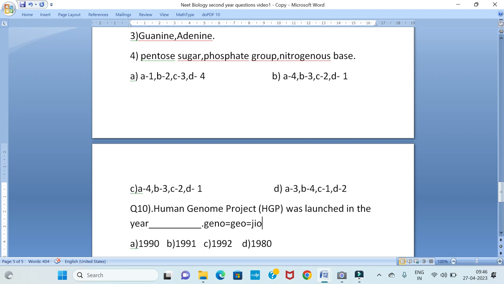Geo SIM. So the last two letters are IO. I is 9, O means 0. So for human genome project, I take Geo as Jio. So you have to remember that keyword, Jio. The last two letters are I and O. I means nine, O I'm taking as 0. Both are the same, O and 0. So 90, 1990.